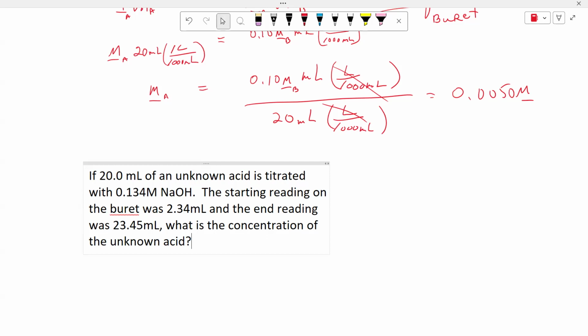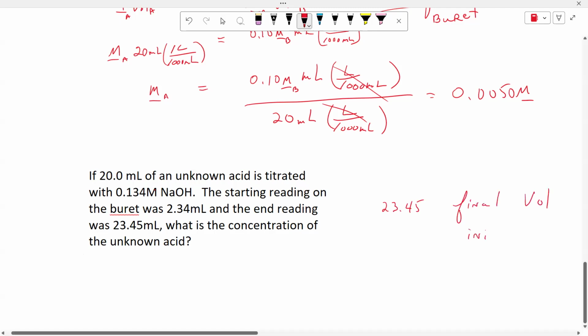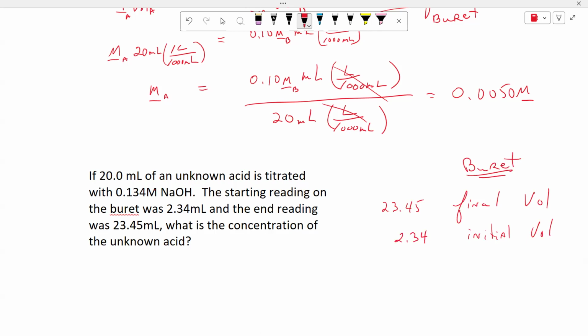Okay, so the first thing is find out how much volume was used to neutralize the acid below. You do that by subtracting the final volume from the initial volume.